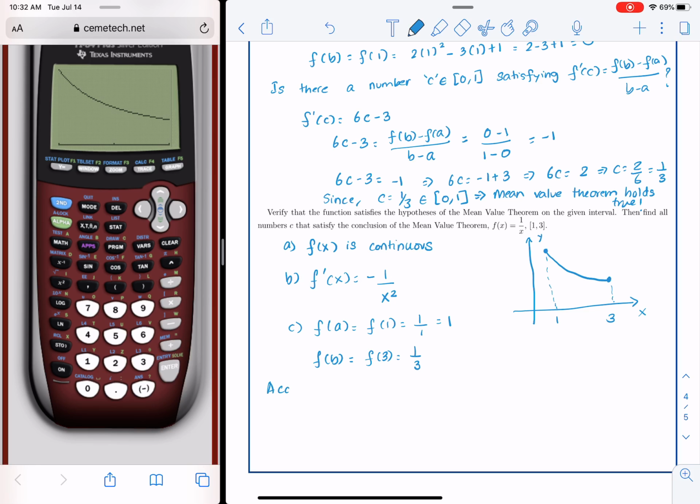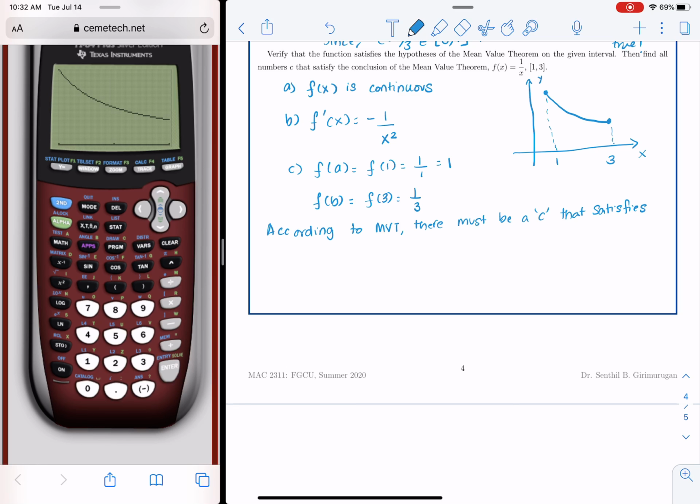So according to MVT, the mean value theorem, there must be a c that satisfies f prime of c equals f of b minus f of a divided by b minus a. Let's see if that exists.